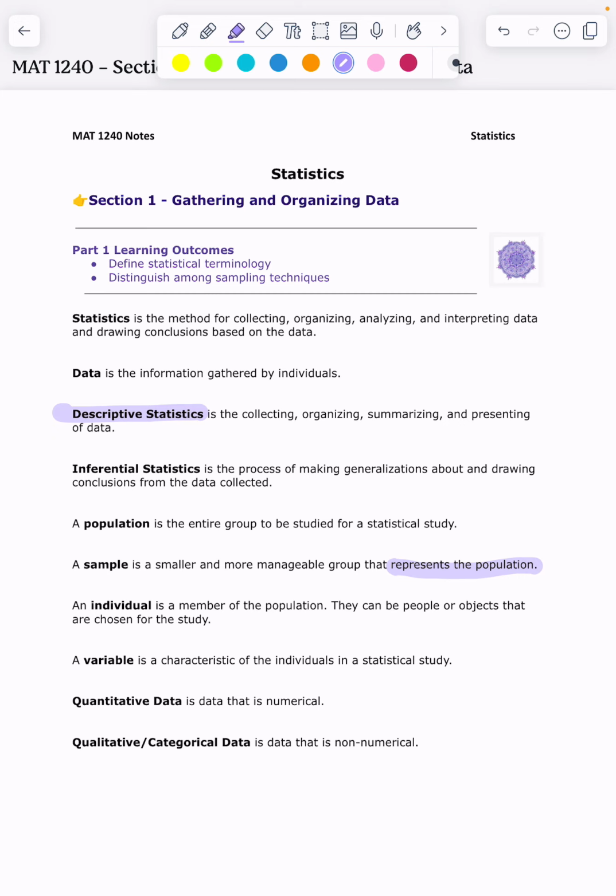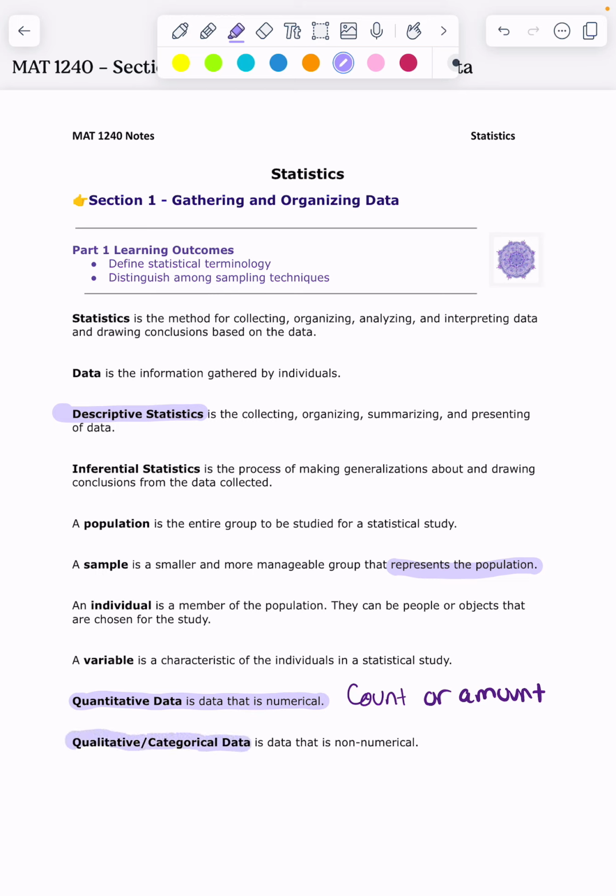Quantitative data is data that is numerical. So that's something that I definitely want you guys to pay attention to. It's also something that you can count or an amount. Generally, data that deals with numbers is quantitative, but there are a couple tricky ones, so be careful.